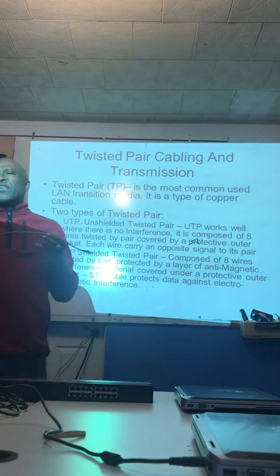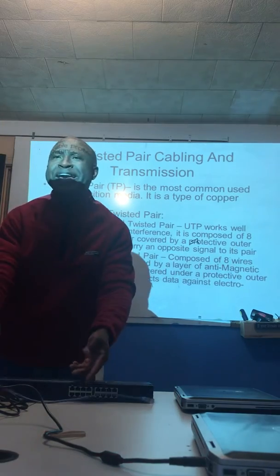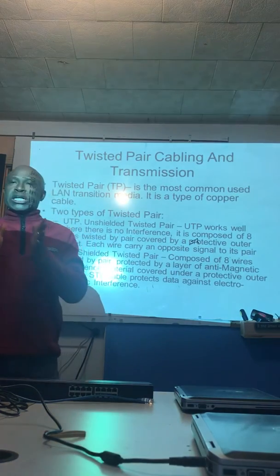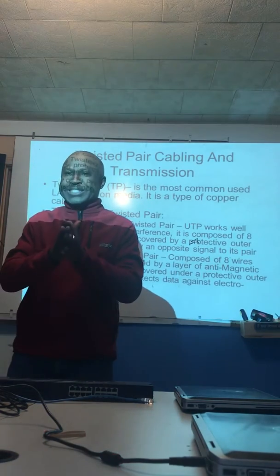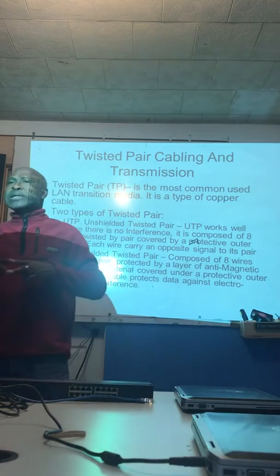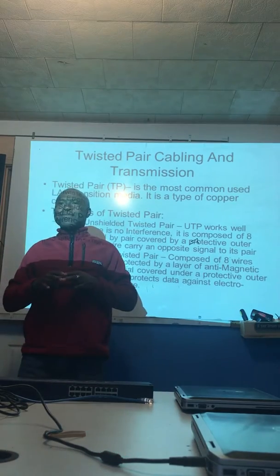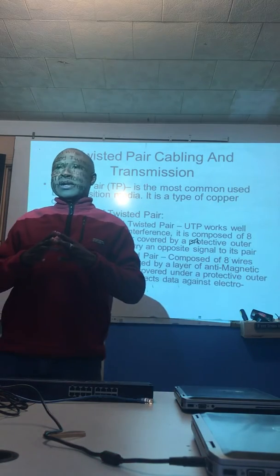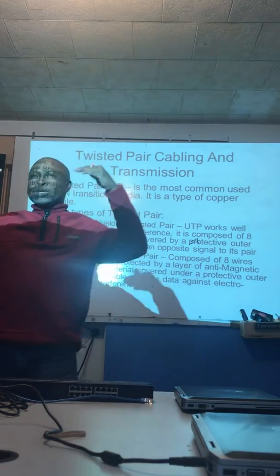So if you have a place that has a lot of electromagnetic interference, you have to use the shielded twisted pair. The other place you have to use shielded twisted pair is if you have what they call a plenum.